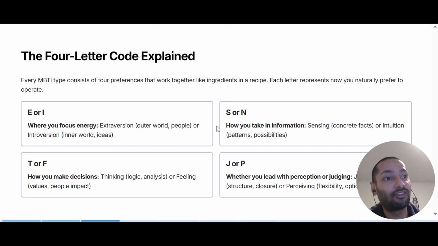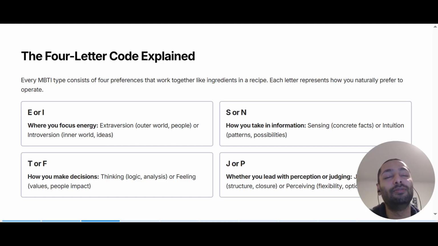And then because it's an ESTJ with the E, the first function is extroverted. Okay. So someone like an ISTJ also has extroverted thinking as one of their top two functions. But because they're introverted, they're ISTJ, so then that extroverted function is the second function. So it's a bit confusing, but it's more so the naming conventions.